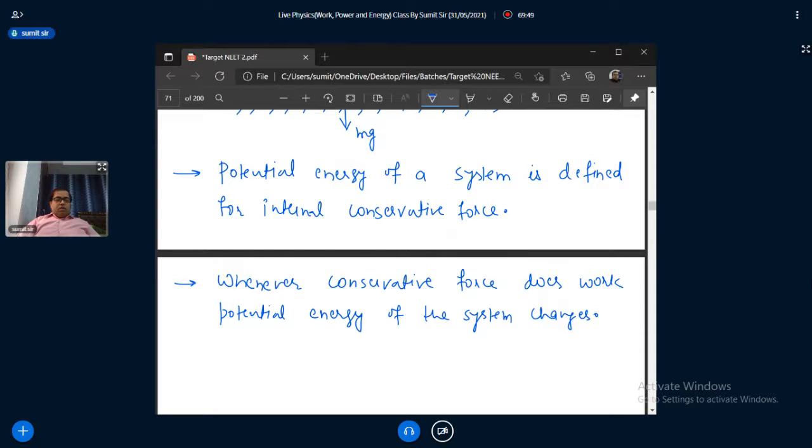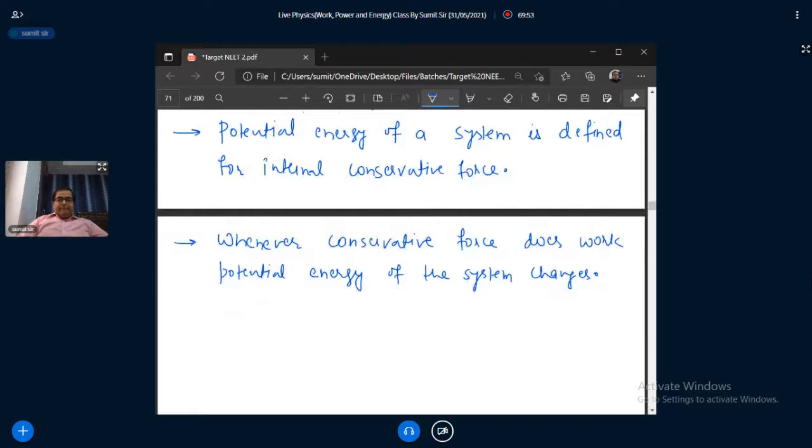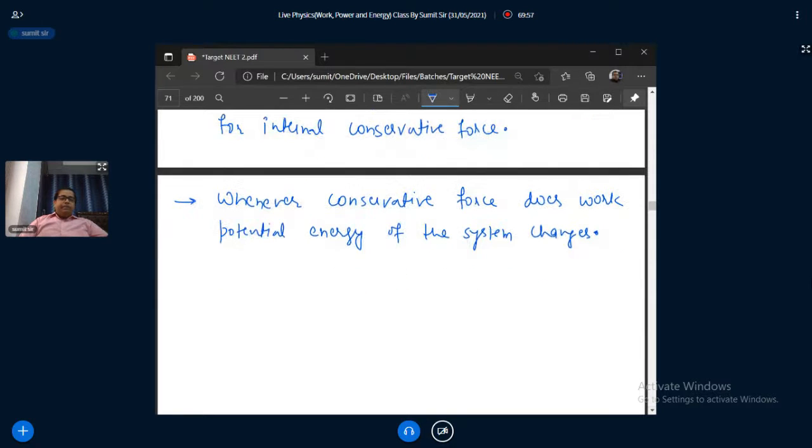Potential energy of the system changes. Means positive work.